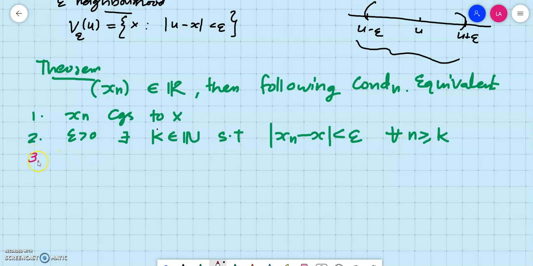Now we are moving on to the third equivalent condition, which follows clearly from this.